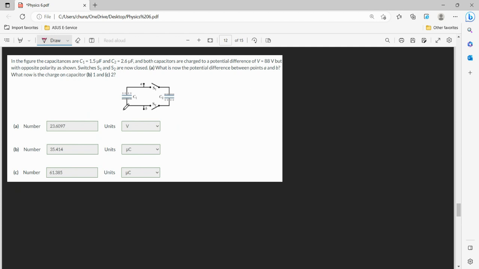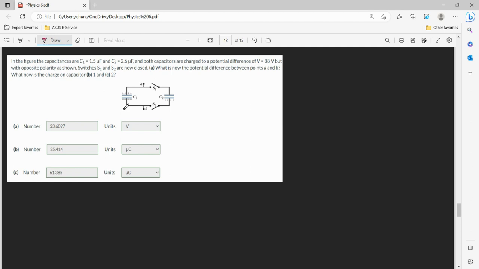Okay, so now to answer the second question, we have two different capacitors which are in parallel, and each are charged with 88 volts with opposite polarity as shown. So what is the potential difference between points A and B once these two switches are closed?